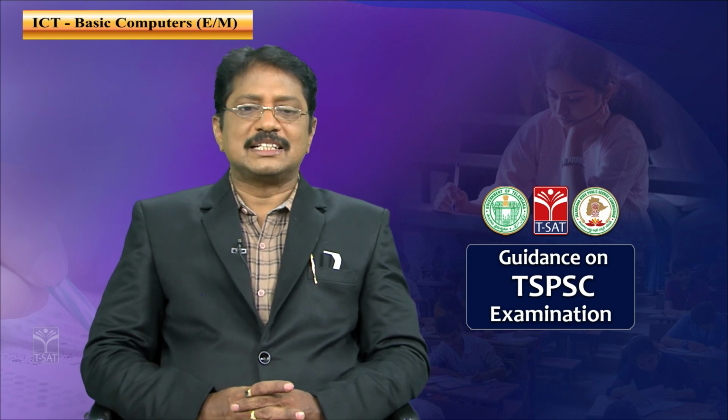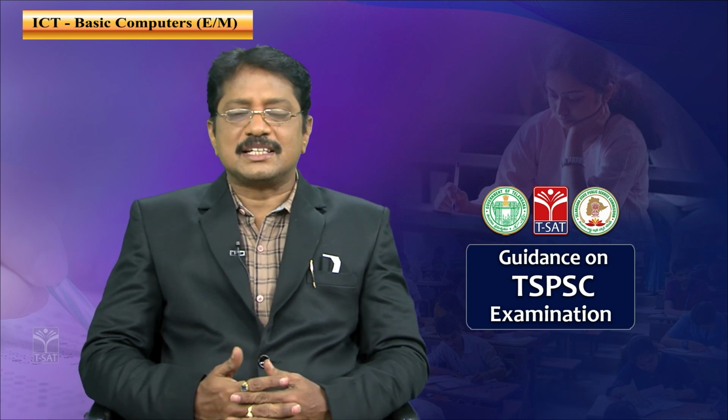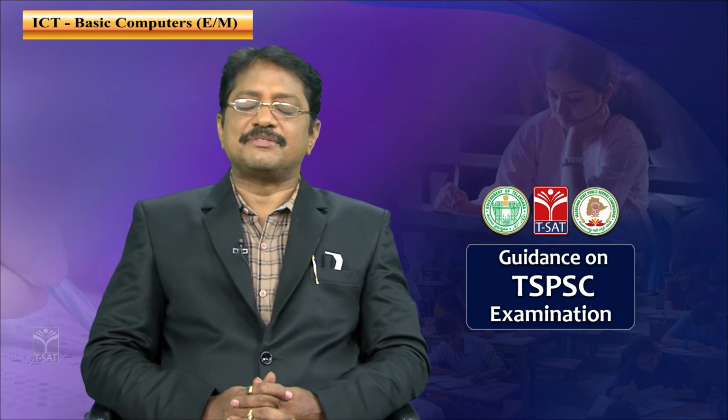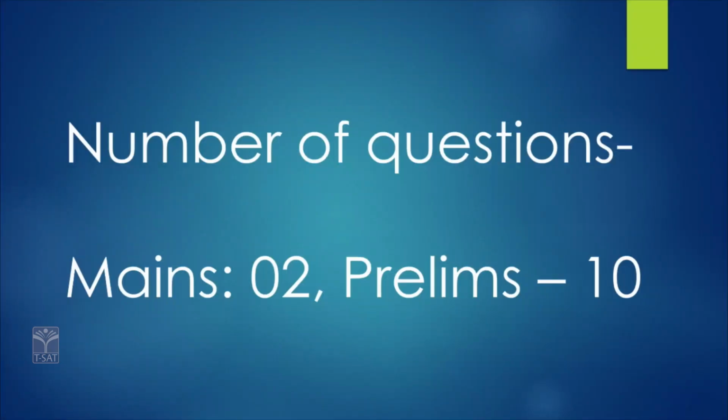If you consider the last year's paper, the previous paper, the number of questions given from the science and technology area in the main examination is 2, and in the prelims examination is 10. Out of 150, nearly 10 questions are given from science and technology.